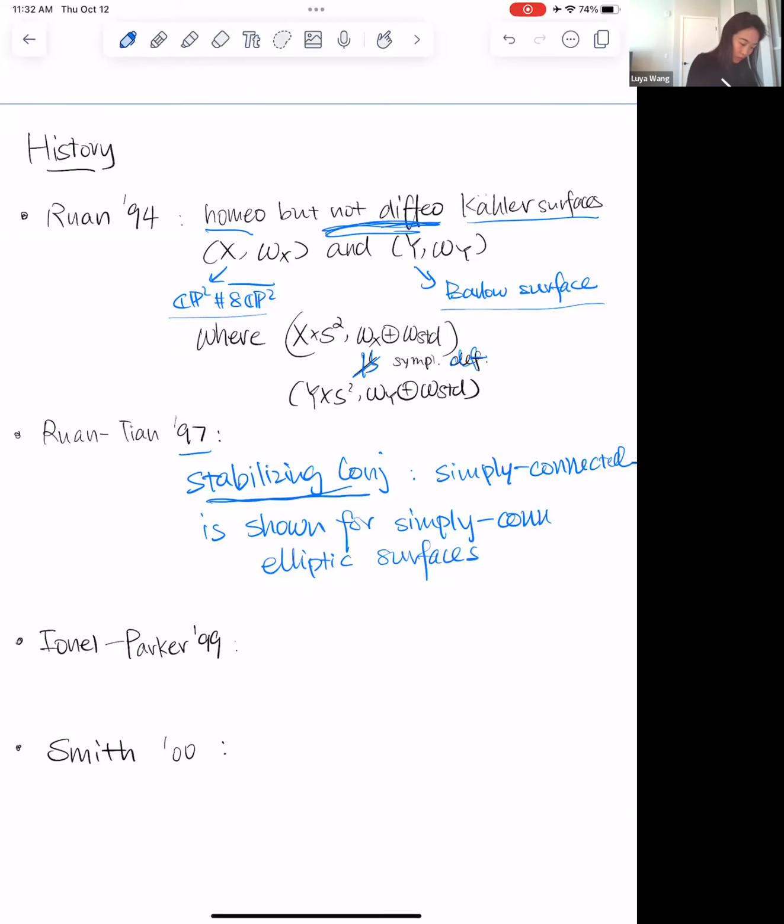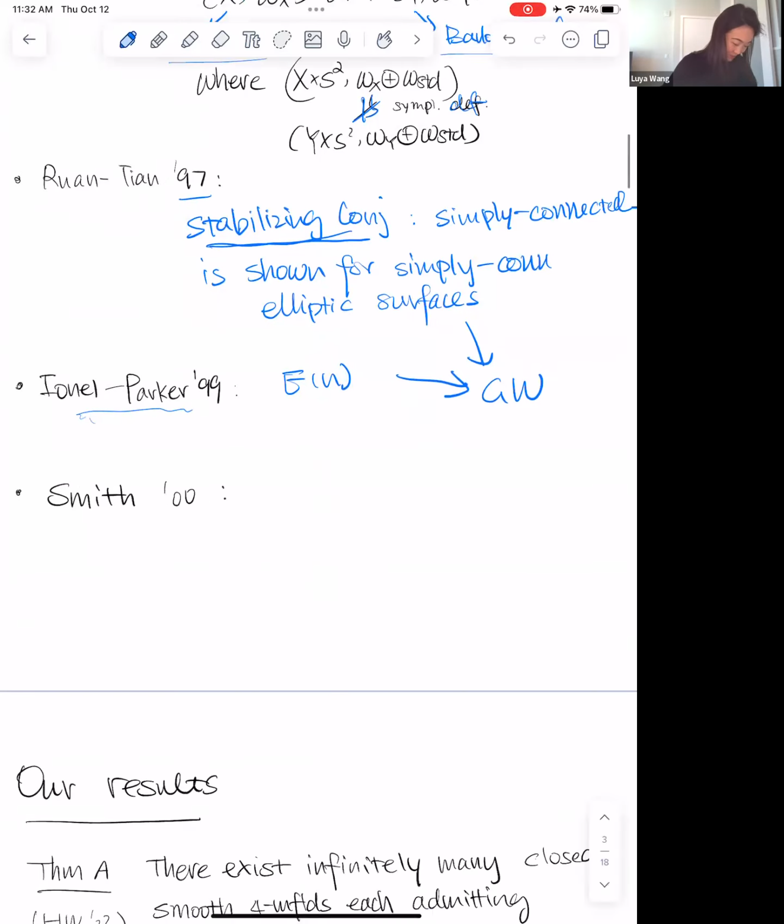In Ionel-Parker's paper, they also show that this conjecture is true for these simply connected elliptic surfaces using a slightly different method. Both of them use Gromov-Witten invariants to distinguish the symplectic structures on the six-manifolds, while in our paper, we use a more elementary invariant: the Hirschman class of the symplectic form, that I will remind you of in two slides.